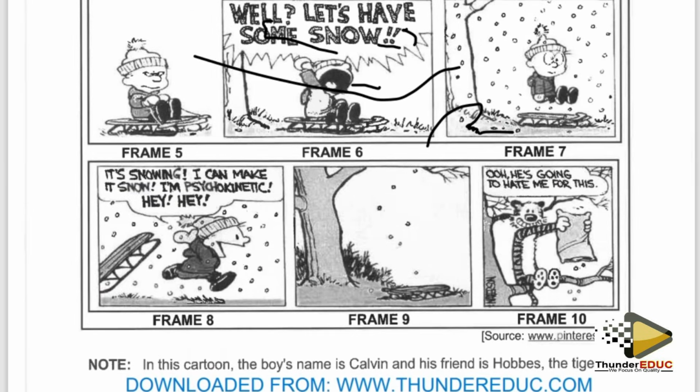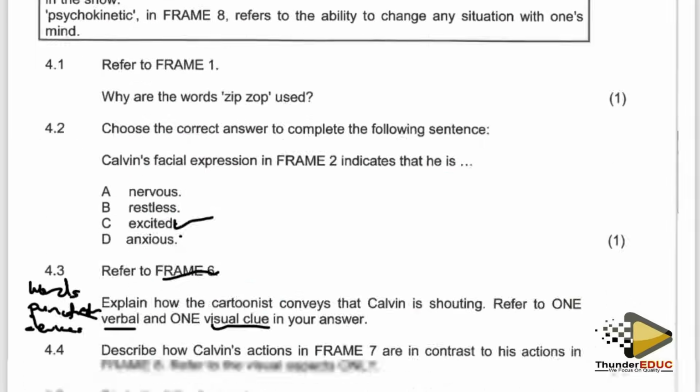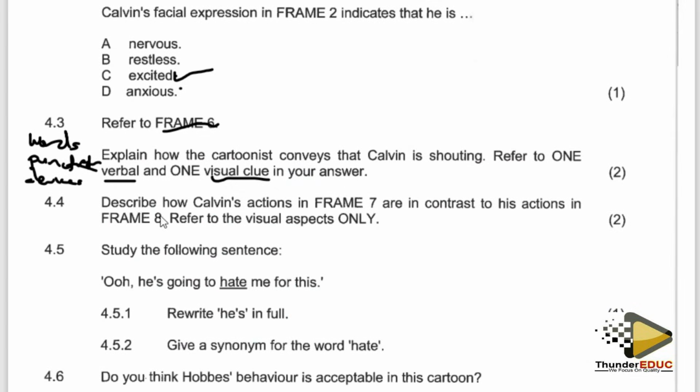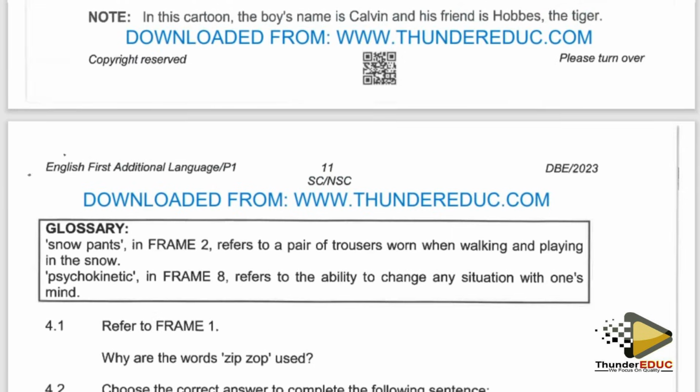Right. Contrast, we are looking for a contrast. Let's look at the question again. Describe how Calvin's actions in frame 7 are in contrast to his actions in frame 8. Refer to the visual aspects only. So that's what we must be looking at.